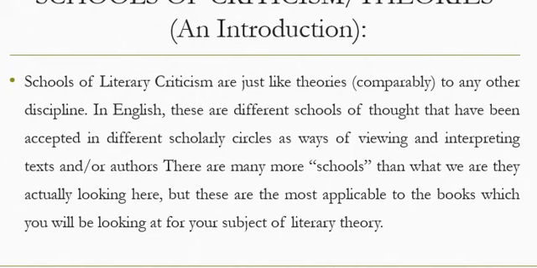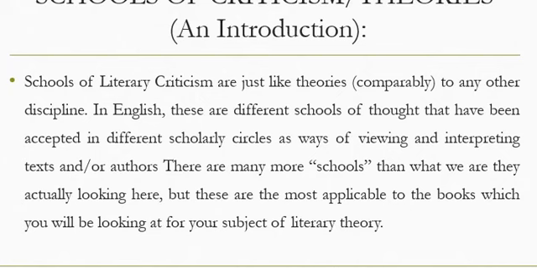Now, it's something of an introduction, and we will talk about what they are. So, schools of literature theory and criticism are just like theories comparably in any other discipline. In English, these are different schools of thought that have been accepted in different scholarly circles as a way of viewing and interpreting texts or authors.